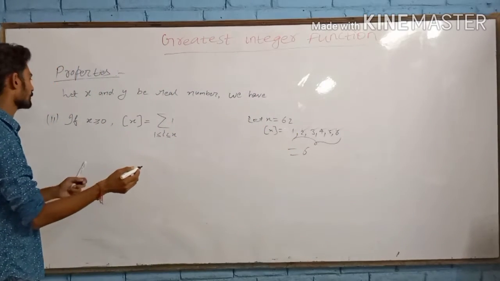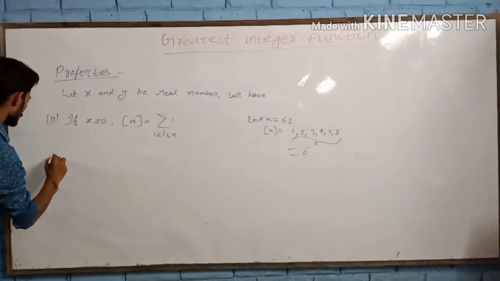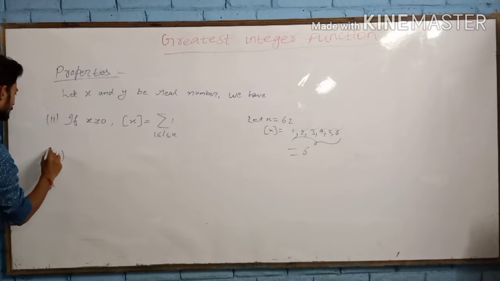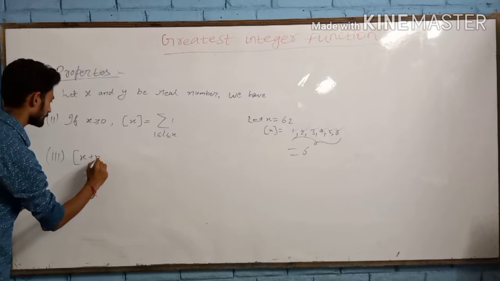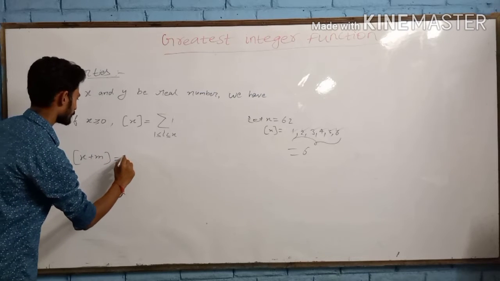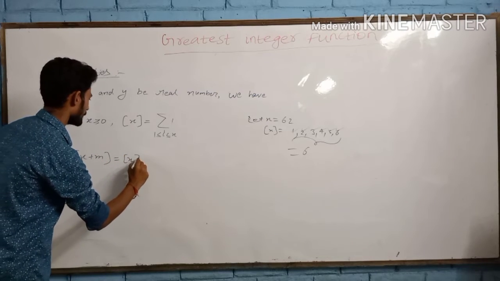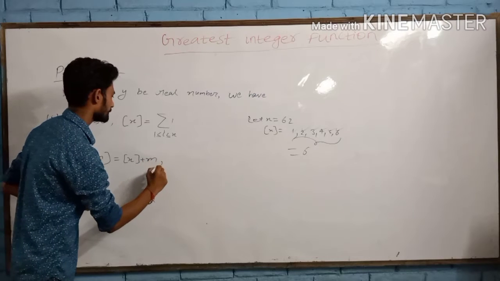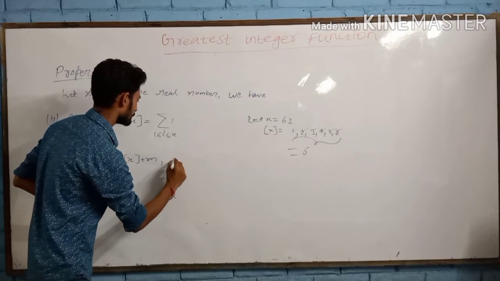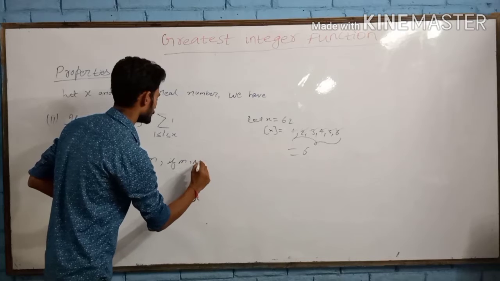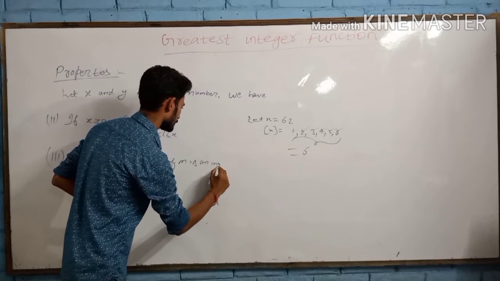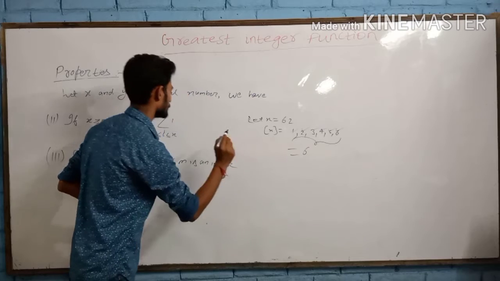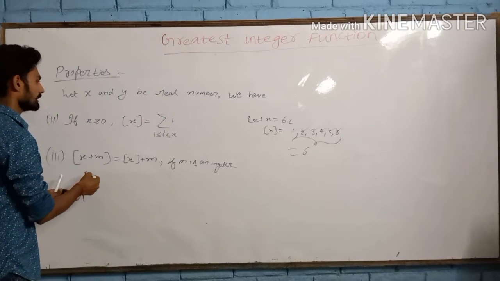And now moving forward to the third property: box of x plus m is equal to box x plus m if m is an integer. Let's see how.